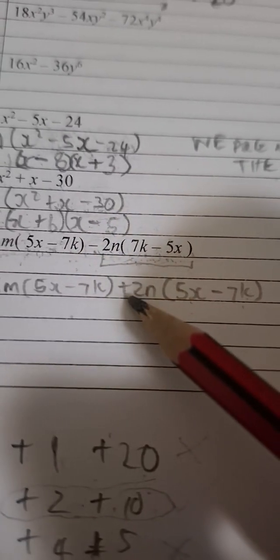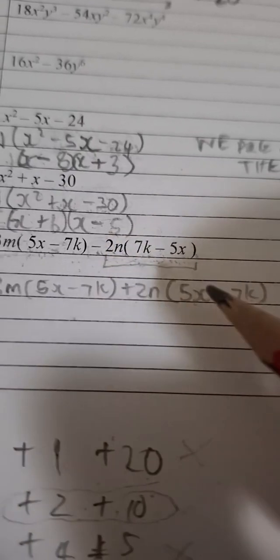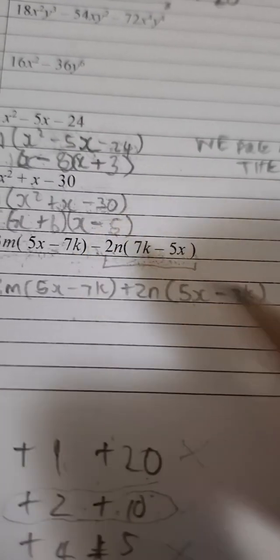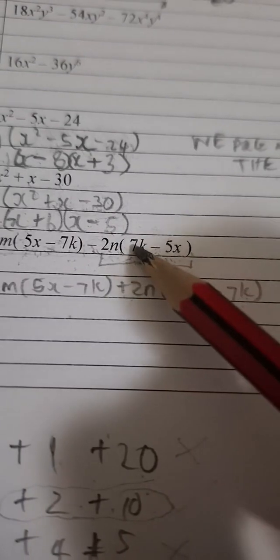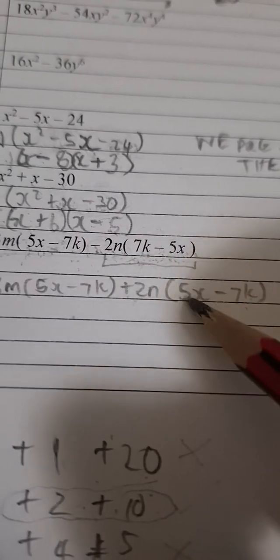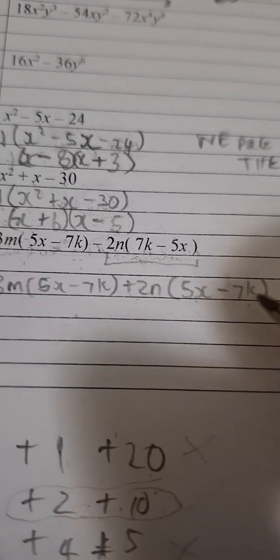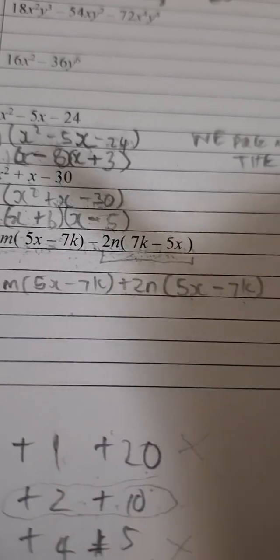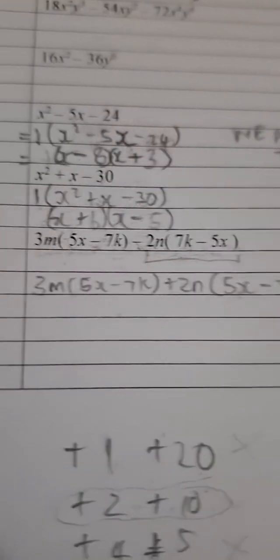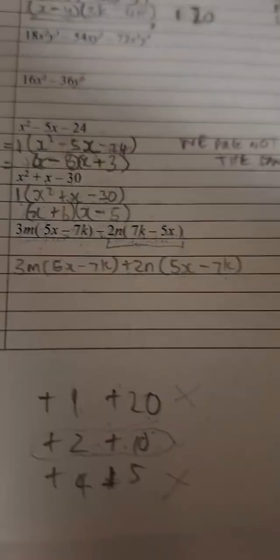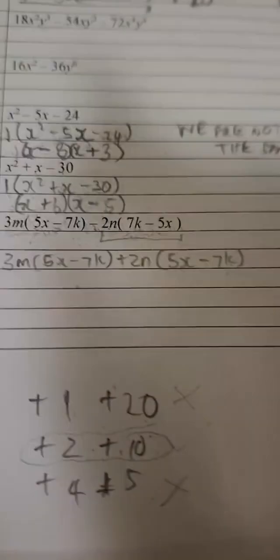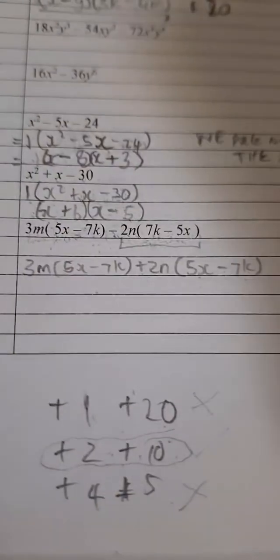It becomes positive. So that negative sign you took out allows you to change the order of the terms. Now you have 5x as your first term and 7k, which is negative, as your last term. And that's 100% correct. Now we have common brackets. Now I can go back and say, what's my highest common factor sign?